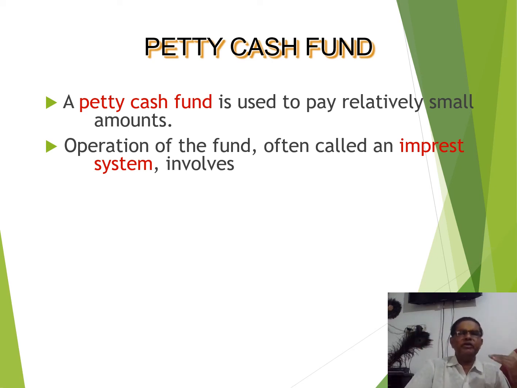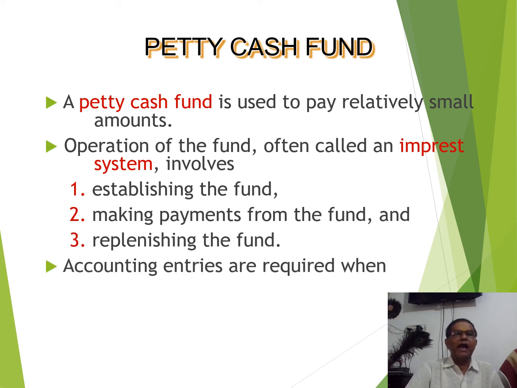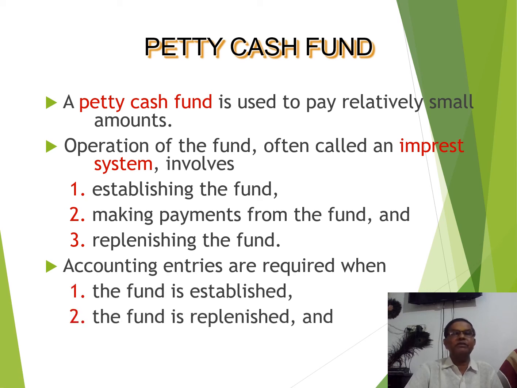Imprest money means money is given in advance to the petty cashier to meet the day-to-day expenditure. This system involves establishing the fund, making payments from the fund and replenishing the fund. Accounting entries are required when the fund is established.